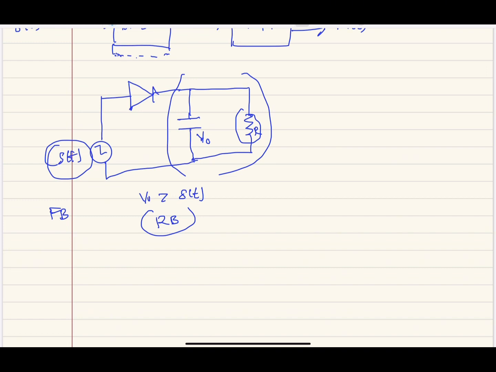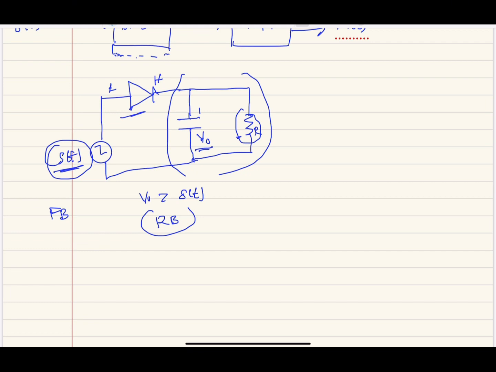That is, if S of T becomes less than the voltage across the capacitor, there will be a higher potential here and a lower potential here. And therefore, this diode becomes reverse biased, and this capacitor will start discharging through this resistor till the next half cycle of this AM wave comes in.